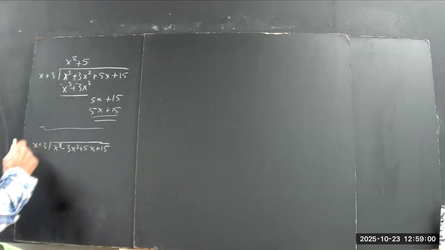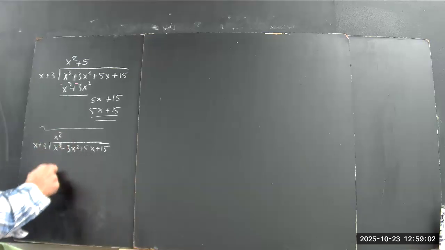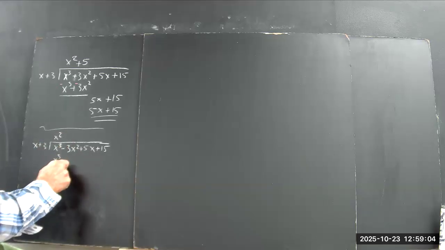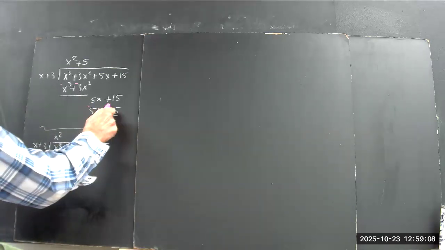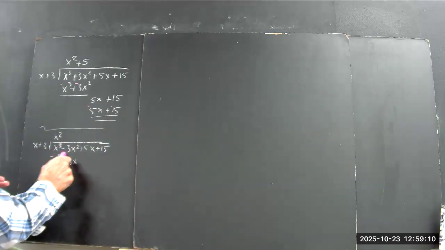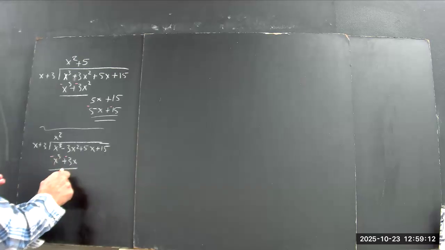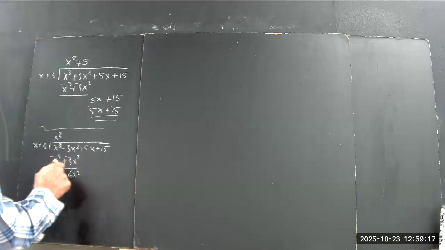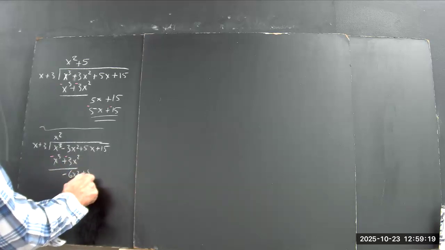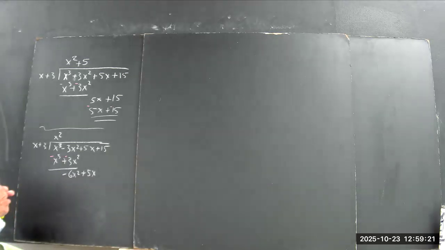Now I'll just do this quickly because everybody seems to know what they're doing with this. We got x squared, we get x cubed plus 3x. Of course, we got to put our minuses on. I should have done that up there. Little minus to remind ourselves. And we get negative 6x squared, plus 5x.